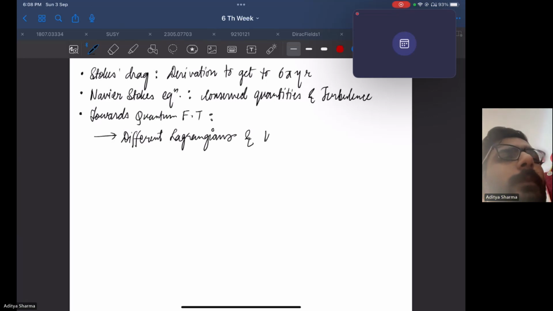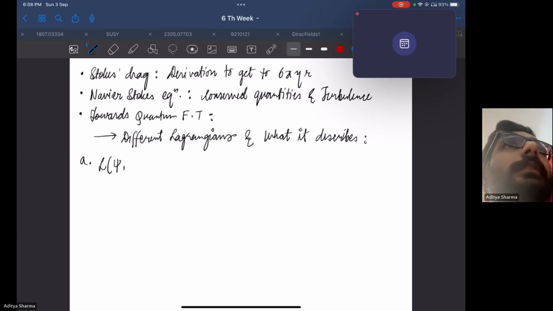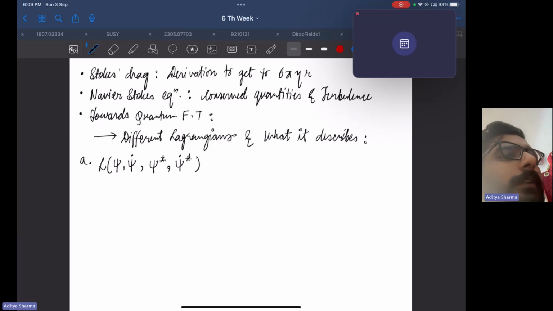For example, a Lagrangian of this sort: chi, chi dot, which is d/dt of chi, and chi star, chi dot star. I'll write this as an action. It's a functional, so I should write it as such.